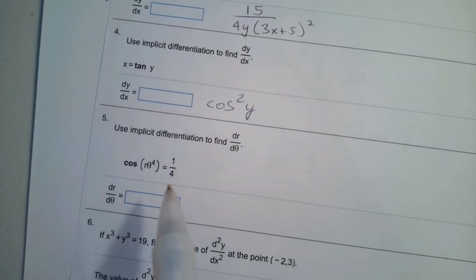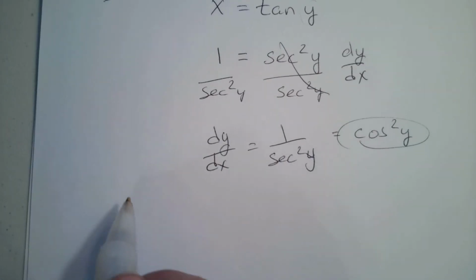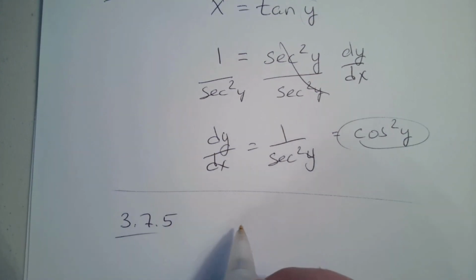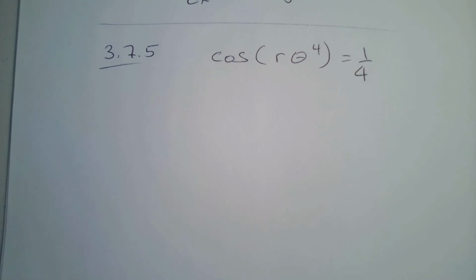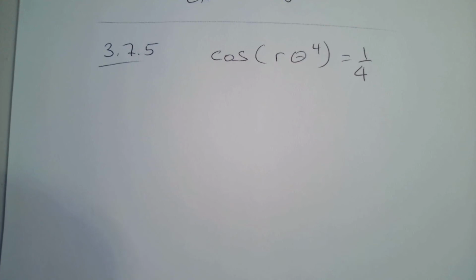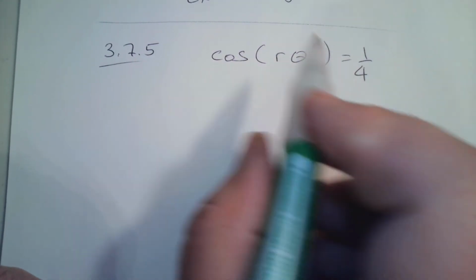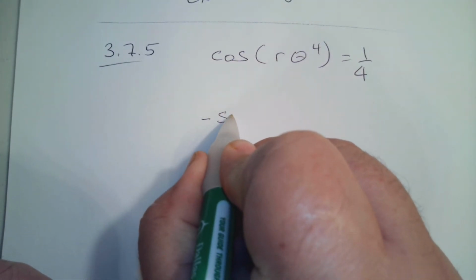Number 5. Cosine of r theta to the 4th equals 1/4. Derivative of both sides. Derivative of cosine is negative sine.